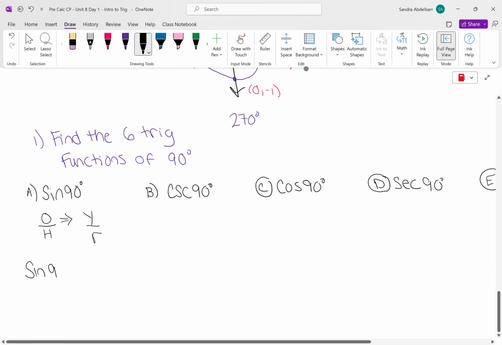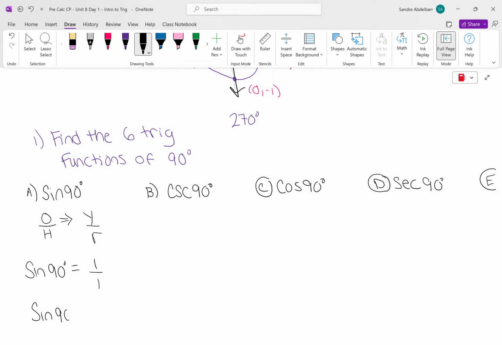So the sine of 90 degrees will be 1 over 1, which is just 1. Now the cosecant, isn't it just the reciprocal of sine? Well, what's the reciprocal of 1? Just 1. So the cosecant of 90 is also 1.